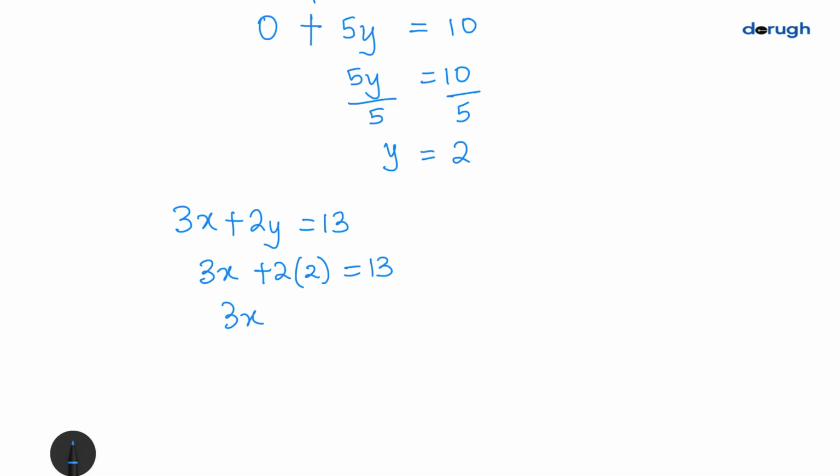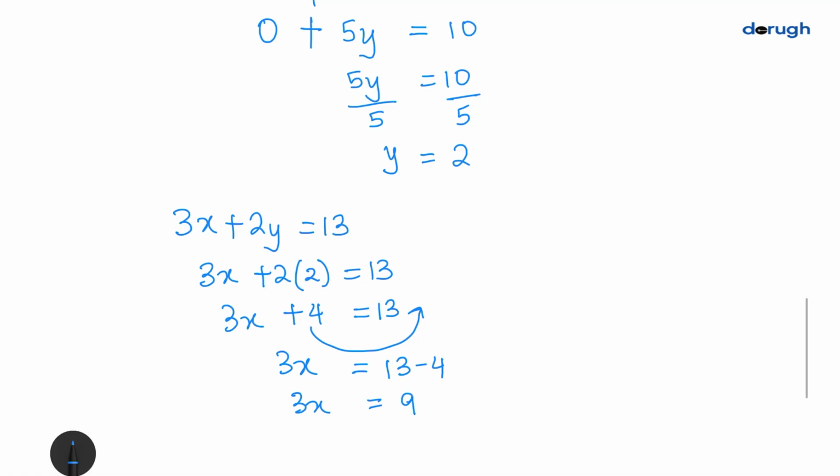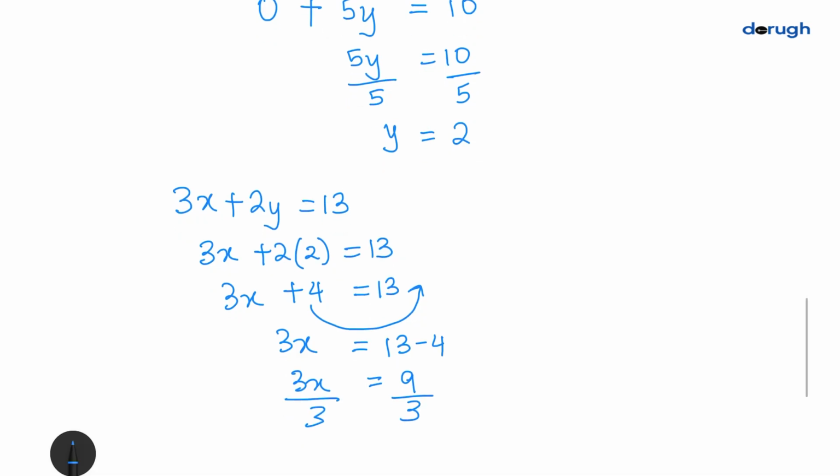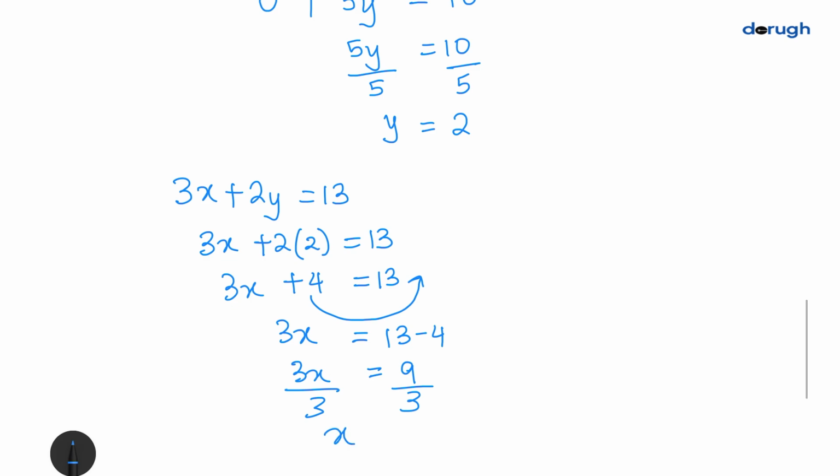So 3x plus 4 equals 13. Let's take the 4 over to the other side. We have 3x equals 13 minus 4, so 3x equals 9. Dividing both sides by 3, we have x equals 3.